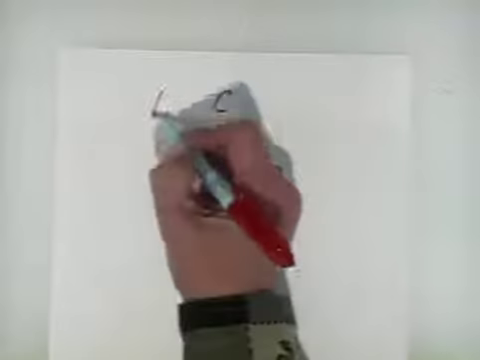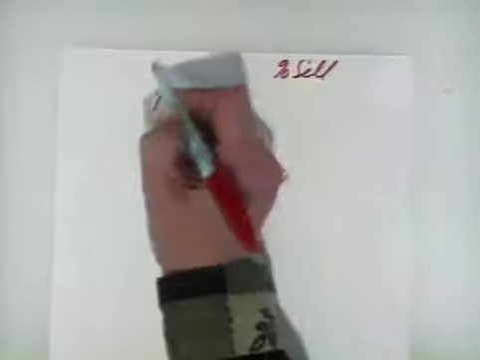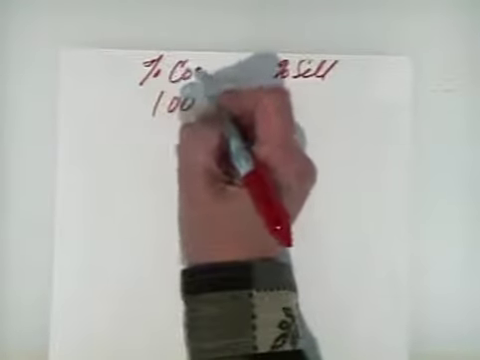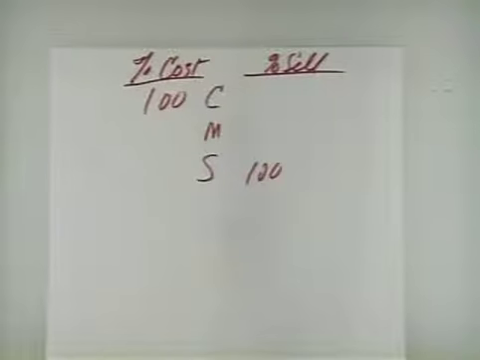Next problem. Let's read it and see what we're going to do. It says my markup on cost is 30%. What is the markup on selling price? I always end up doing the cost on the left side, the selling price on the right side, put 100 in both spots.